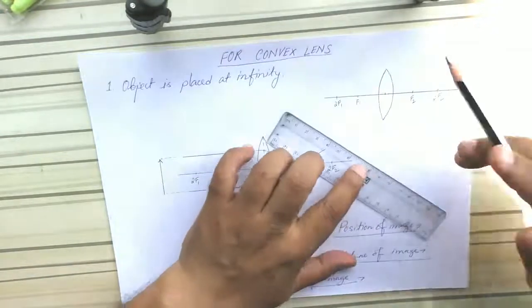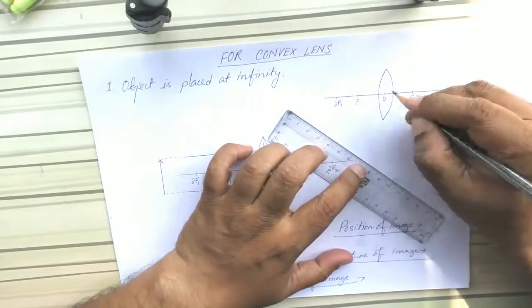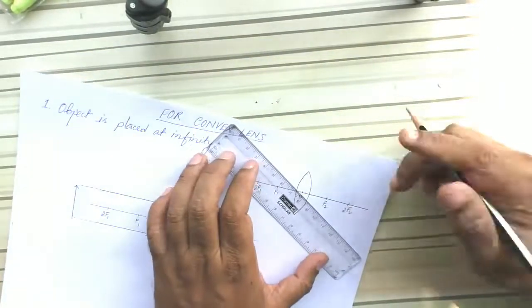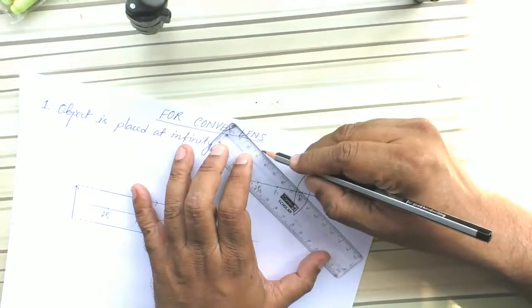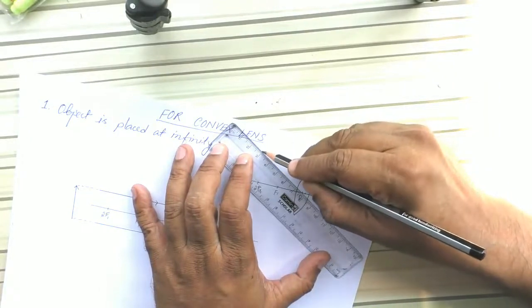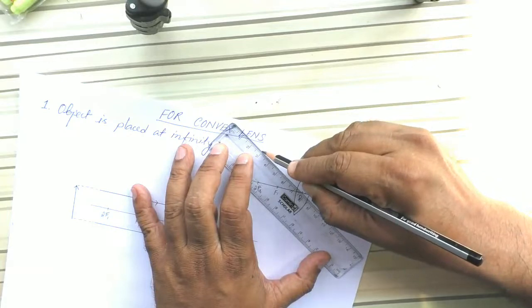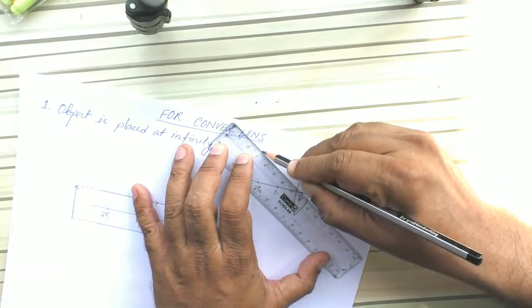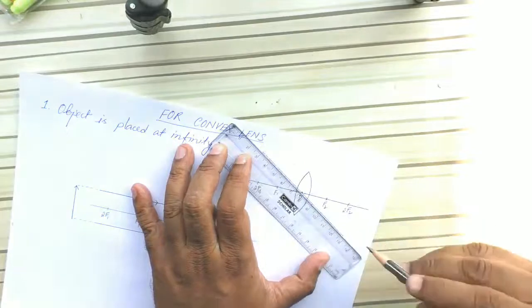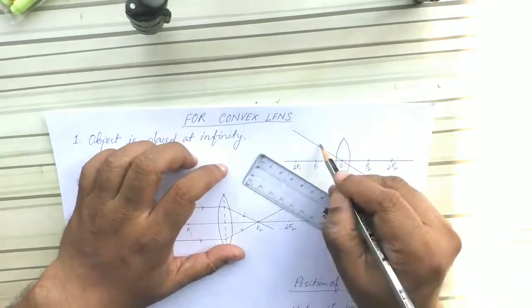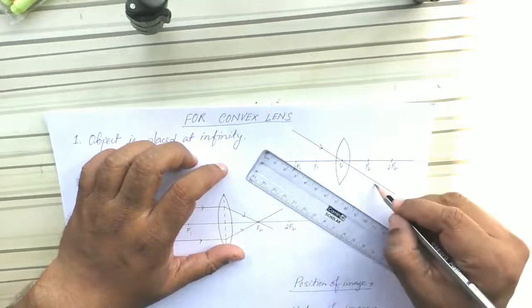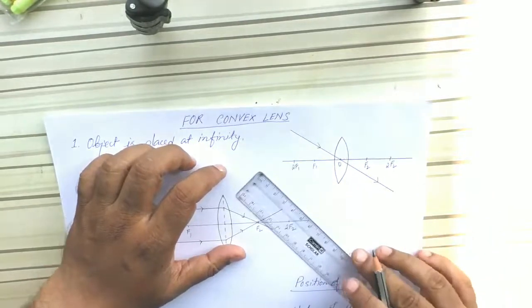The second diagram where I will consider the incident rays, but the incident rays are not considered to be parallel to the principal axis. So a ray of light incident through the optical center, we know according to the rule this light ray will pass straight without any deviation.